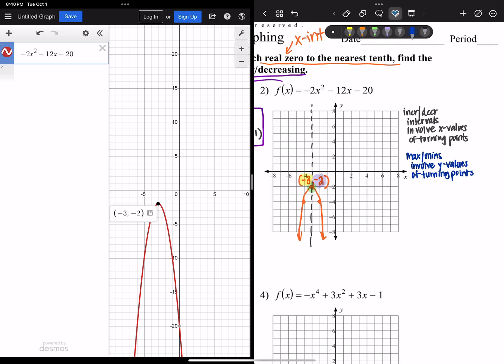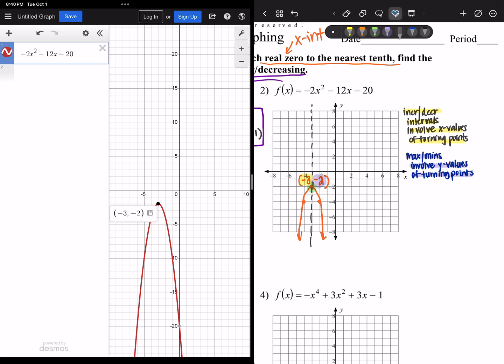Okay, so I'm going to highlight this. The increasing and decreasing intervals involve the x values. The x value I'm highlighting in yellow. The max and mins involve the y values of the turning points. I'm highlighting the y value in purple.